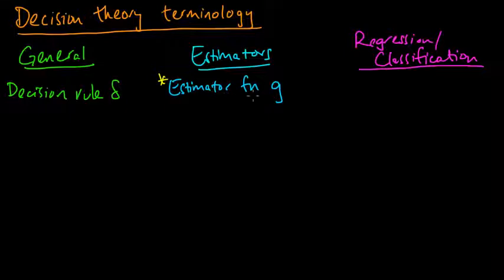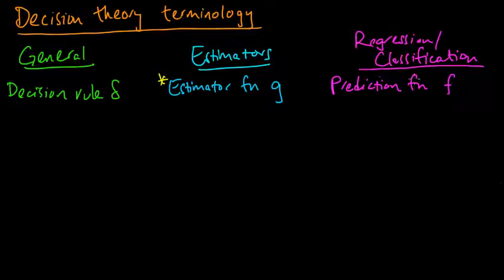We'll come back to that in a second. Using G is not necessarily a standard thing either, but it is the analogous concept in estimators to the decision rule in the general case, and in regression and classification, the analogous thing is the prediction function, f.